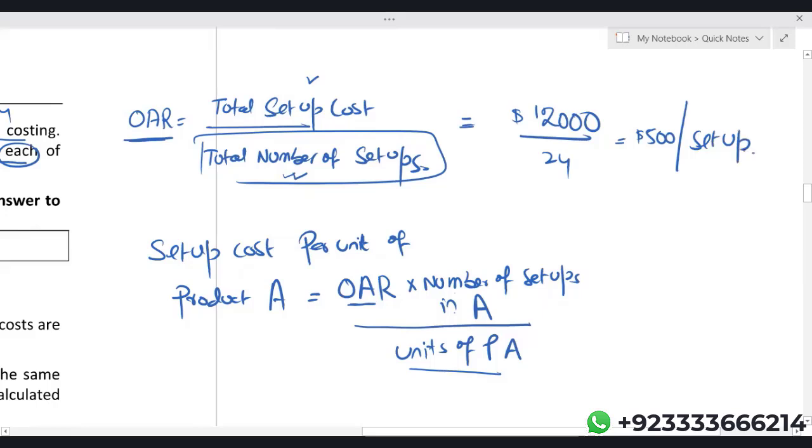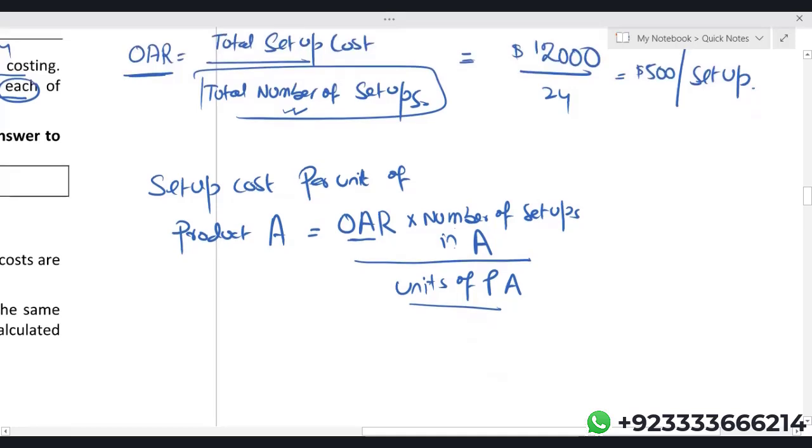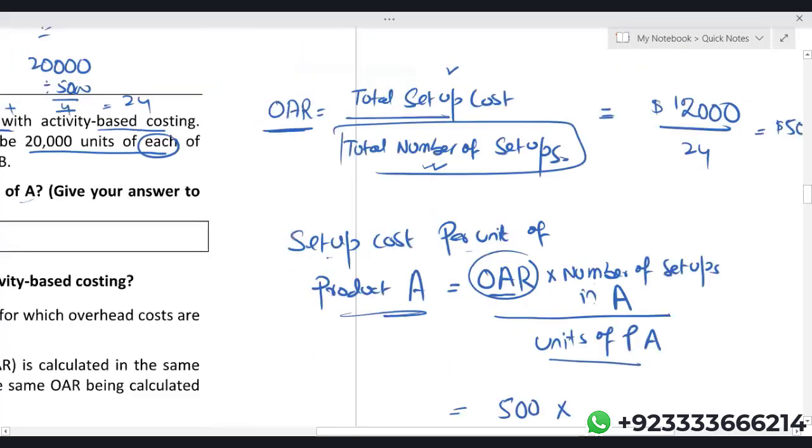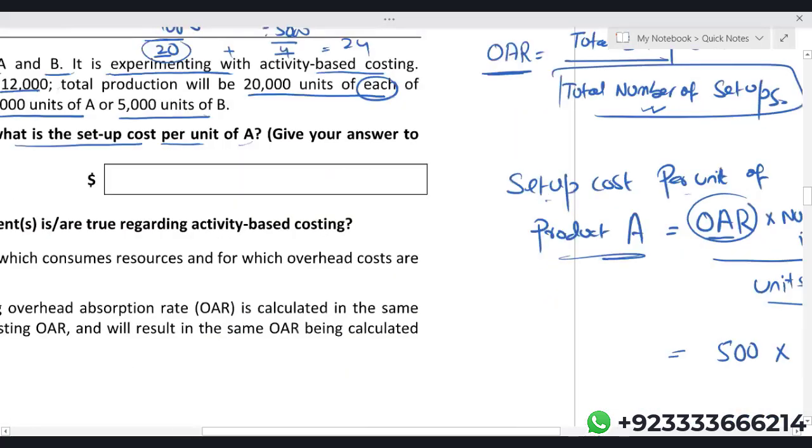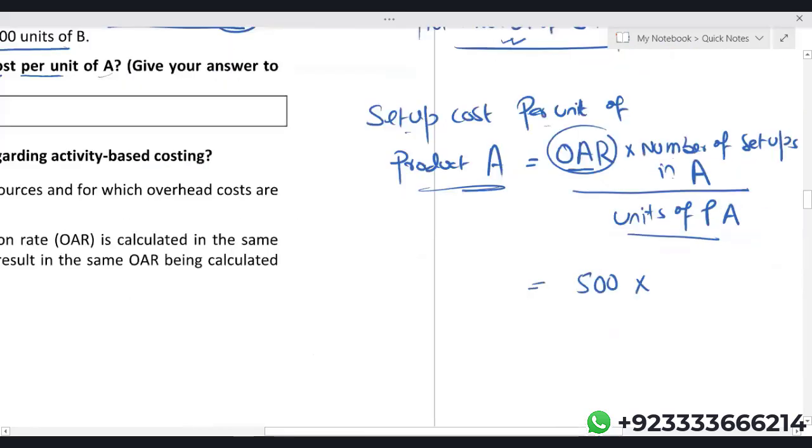Now, very easily we can calculate the setup cost per unit of product A, which is equal to the overhead absorption rate per setup, which is 500, multiplied by the number of setups in product A. The number of setups in product A is 20. The number of units of product A is 20,000.